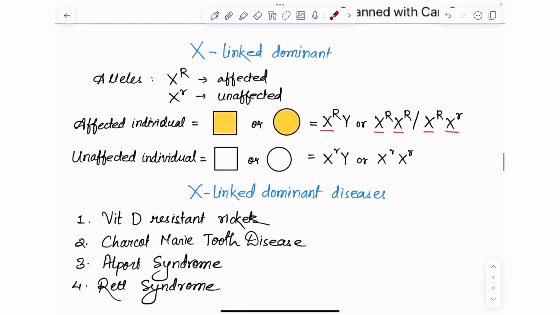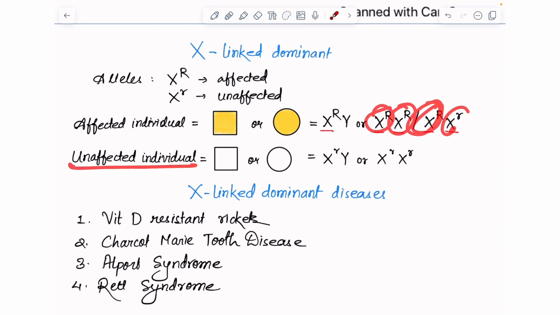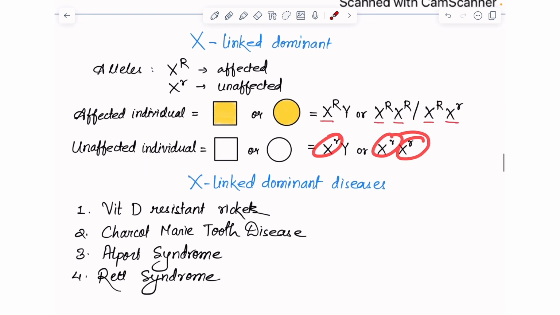Okay, next up we have X-linked dominant. So the dominant allele is going to be the one that is affected. So X with capital R is affected, X with small r is unaffected. An affected individual is going to have a dominant allele, and an unaffected individual is going to have recessive alleles.